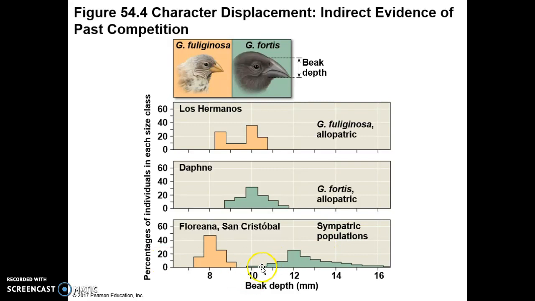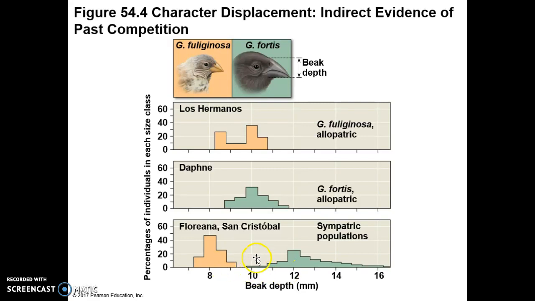When they're in the same location, their beak depth gets a lot different. Fortis beak depth gets a lot bigger. Whatever this F word is, gets a lot smaller. So we end up with smaller beaks and bigger beaks. So the populations, again, are looking for ways to divide up their resources.